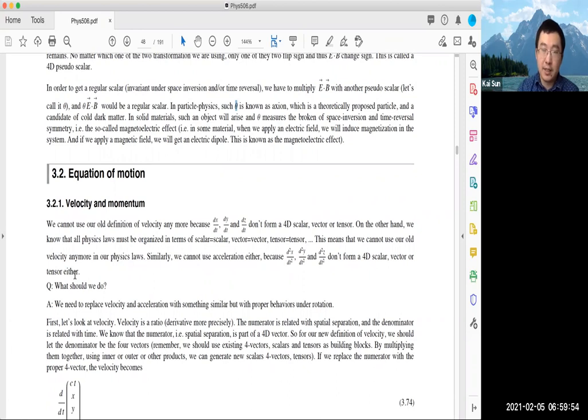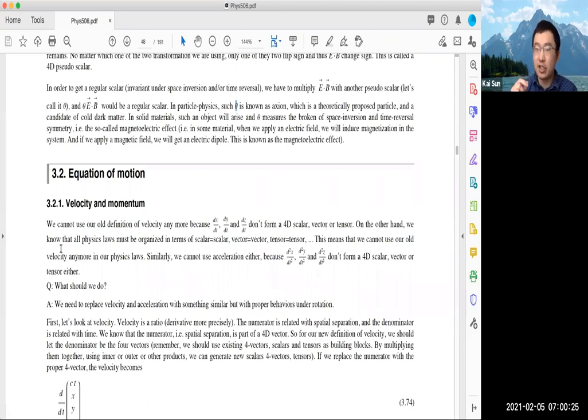Then we will utilize this scalar equals scalar, vector equals vector, and tensor equals tensor structure as a constraint for our equation of motion, and require our equation of motion to follow this structure. And there we will see what the consequences are. The story in the next part will be a little different from what we learned in the previous sections.